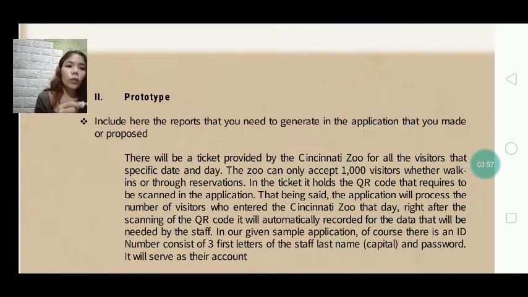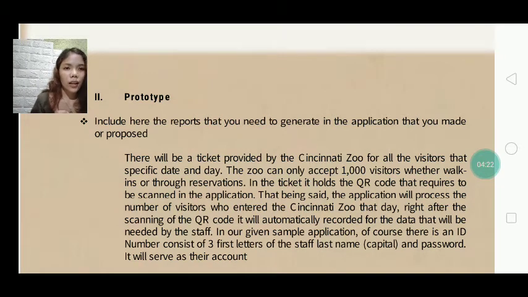The zoo can only accept 1,000 visitors, whether walk-ins or through reservations. In the ticket, it holds the QR code that needs to be scanned in the application. That being said, the application will process the number of visitors who entered the Cincinnati Zoo that day.